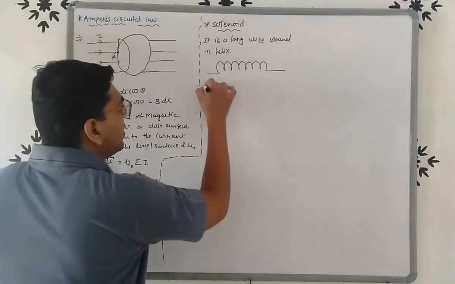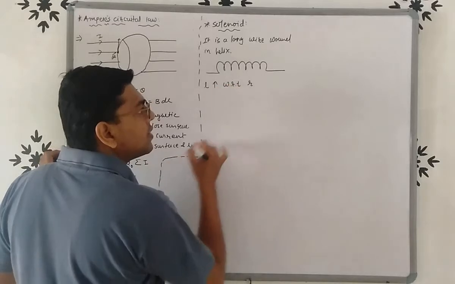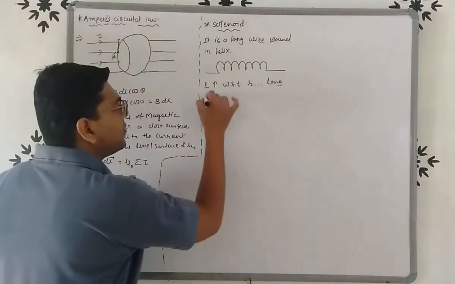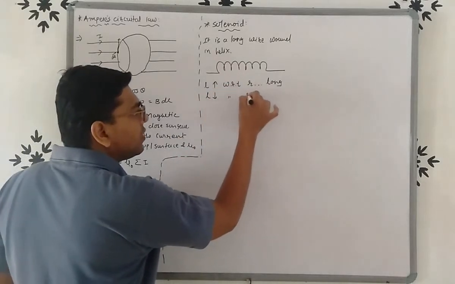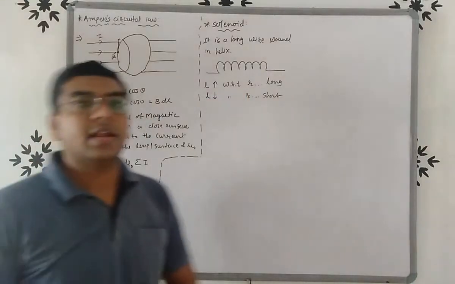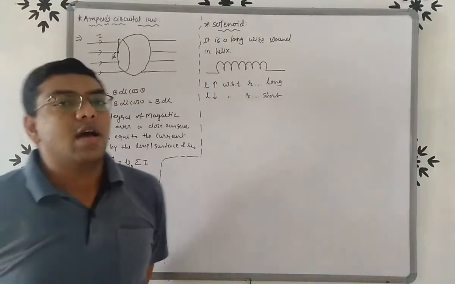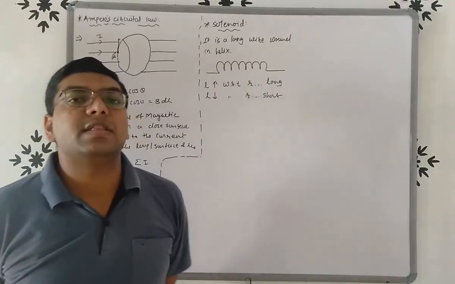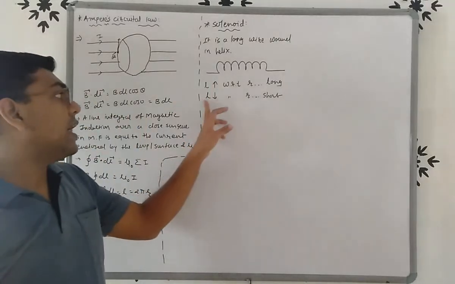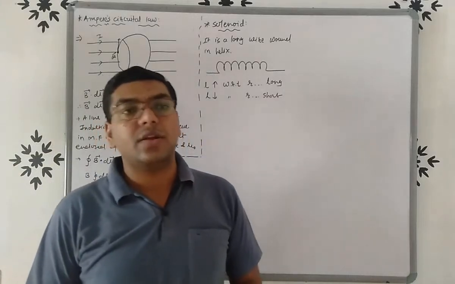So if length is higher with respect to radius, then this is known as a long solenoid, and if the length is less with respect to radius r, then that is a short solenoid, right?